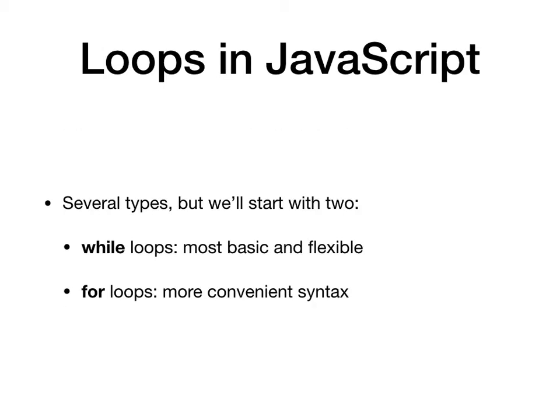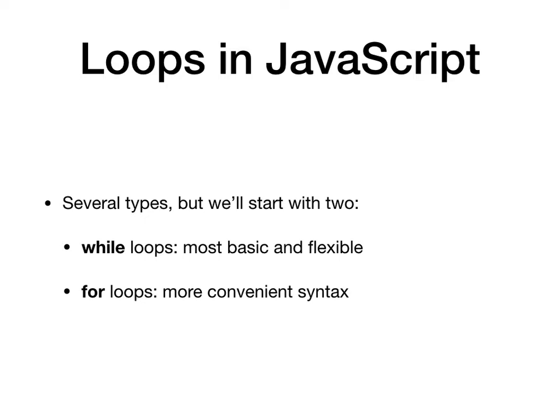Loops in JavaScript specifically, how do we conceive of this? We're trying to get down into code. There are two primary kinds of loops, and you'll see these in virtually every language. While loops are the most basic and most flexible, and for loops are a little more convenient syntax. More or less, these things are interchangeable.